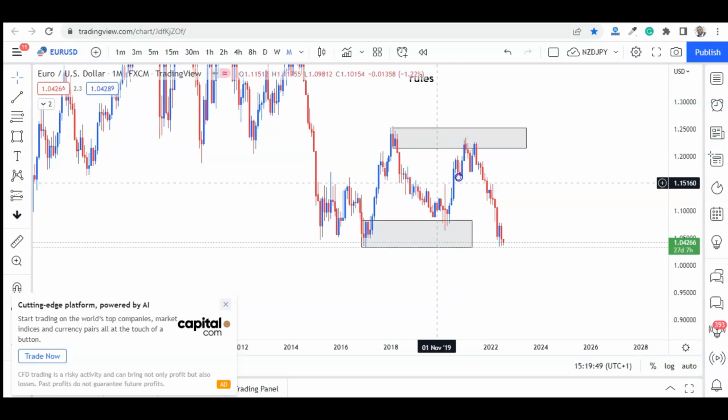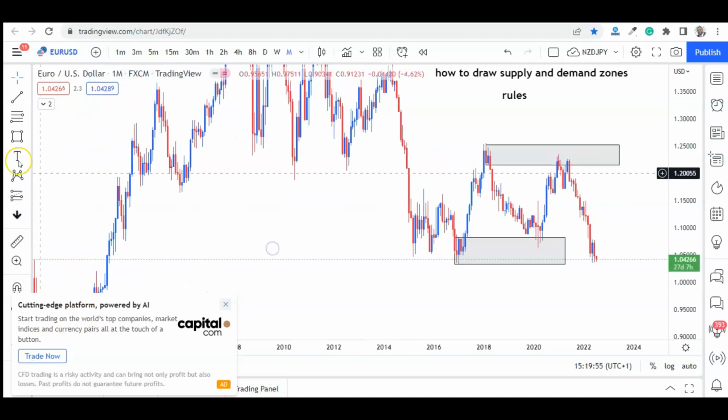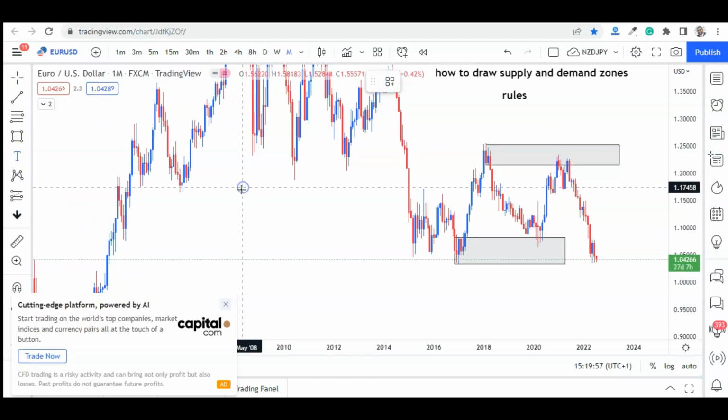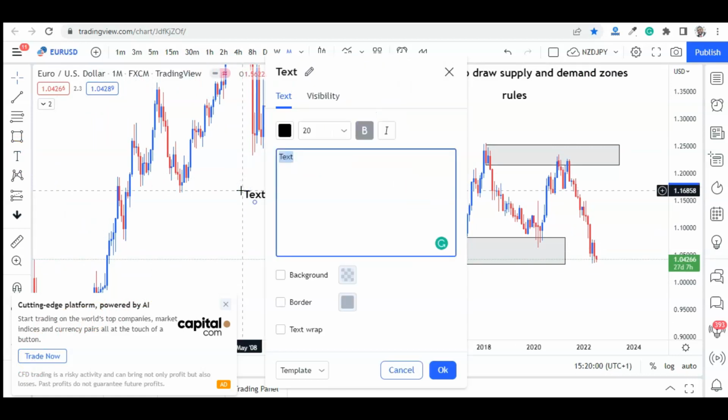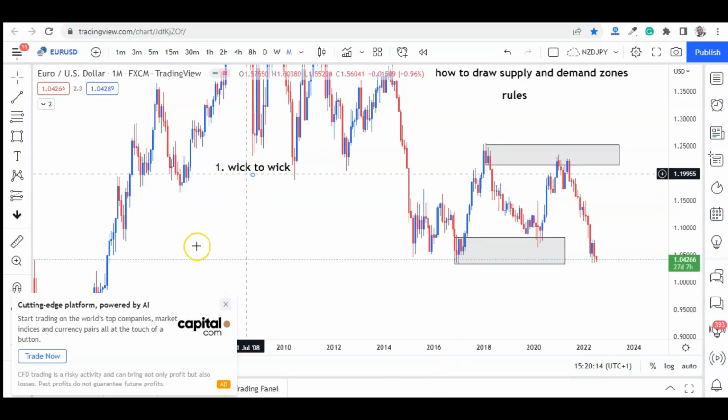Now the question is, how do you draw your supply and demand zones? The first one is week to week, and this is what I prefer anyway.